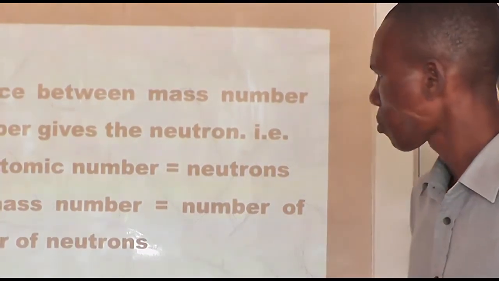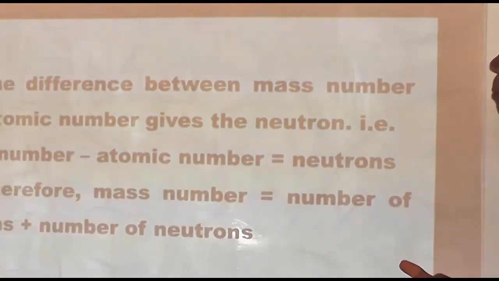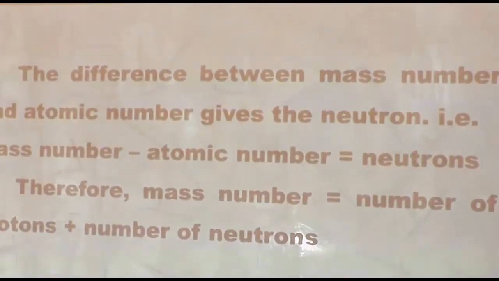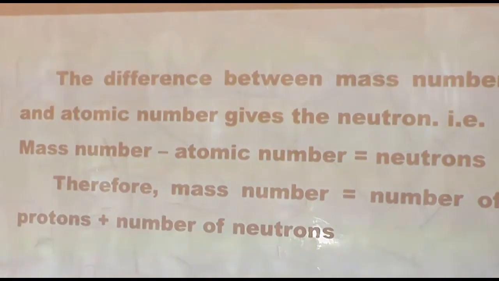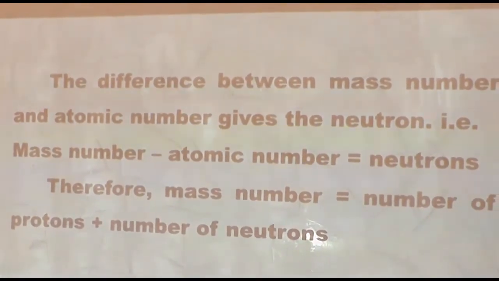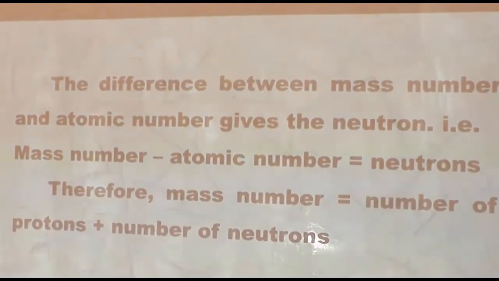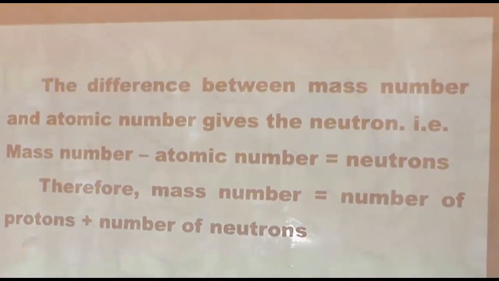Look at the board. You will discover that the mass number, which is 23, minus the atomic number, which is 11, gives us the number of neutrons. And the number of neutrons in sodium atom is 12. That is 23 minus 11.